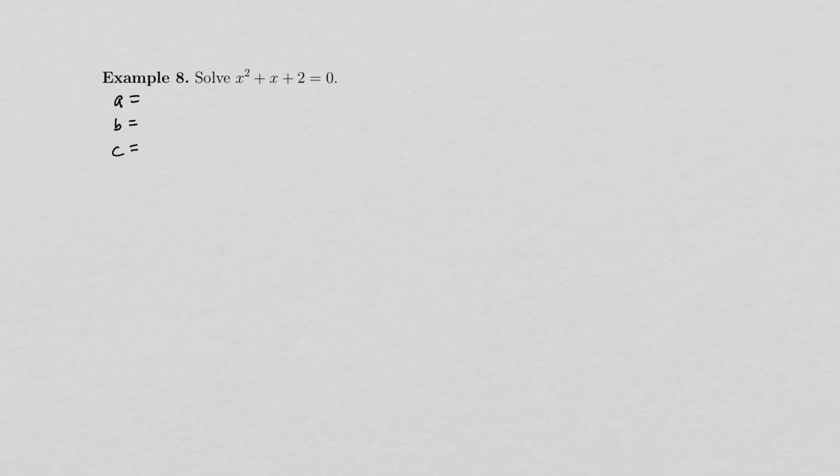Well, a is the coefficient of the x squared term, which in this case is just a 1. So a is 1. B is the coefficient of the x term, that also happens to be a 1. And then c is the constant, which is a 2. So now I plug in. I have x equals, I'll write it out again, minus b plus or minus the square root of b squared minus 4ac all over 2a.